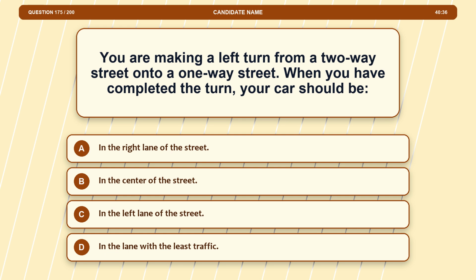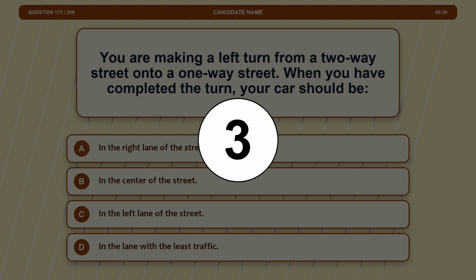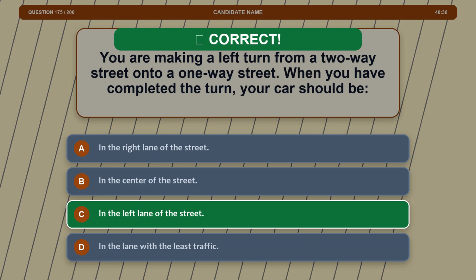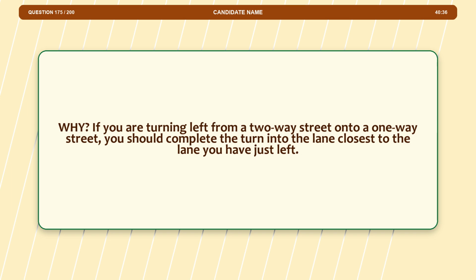Option D, in the lane with the least traffic. The correct answer is option C, in the left lane of the street. Explanation. If you are turning left from a two-way street onto a one-way street, you should complete the turn into the lane closest to the lane you have just left.